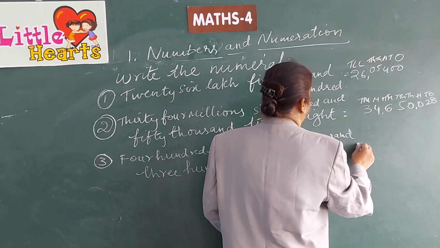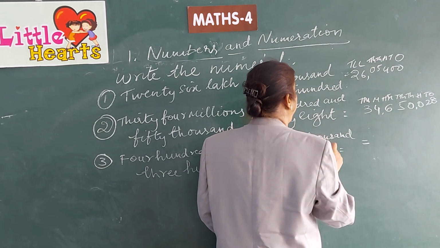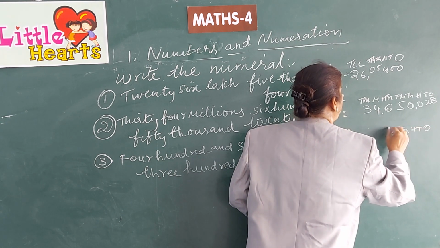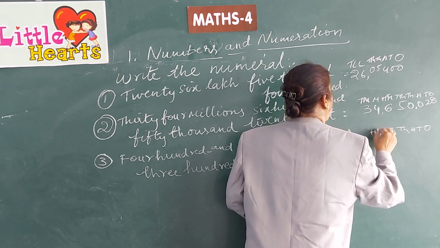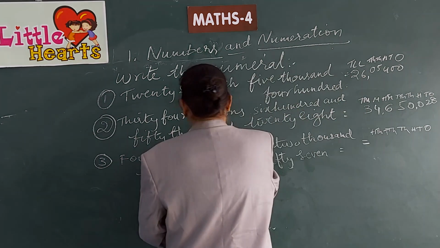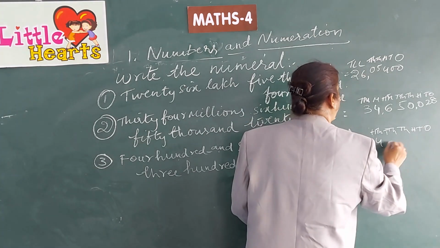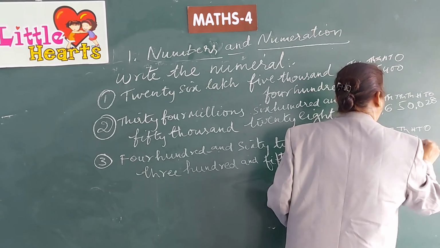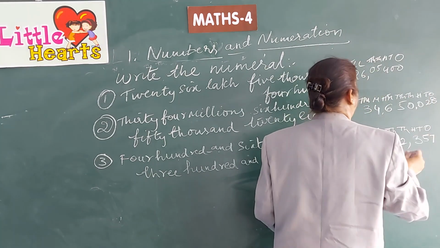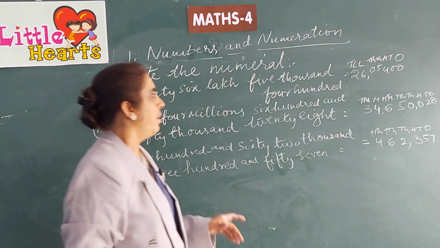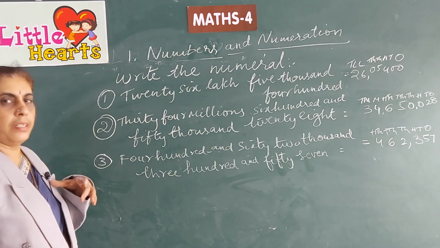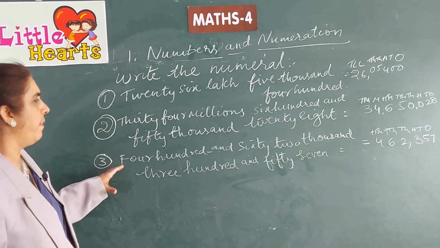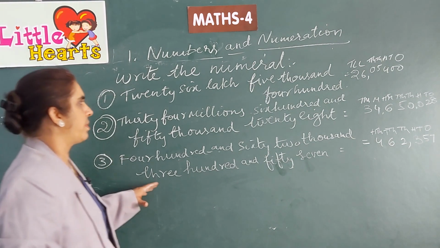It is the international system. Ones, tens, hundreds, thousands, 10,000s, 100,000s. 462,357. So in this way you can write the numerals for the given number names.